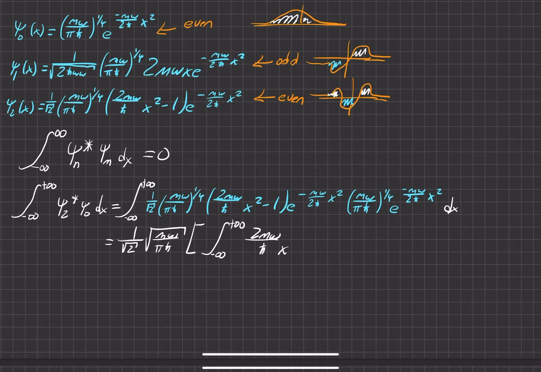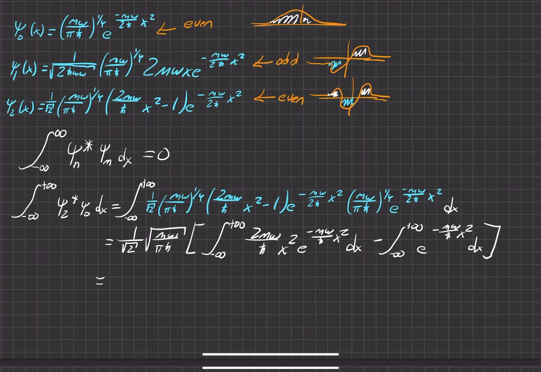We have x squared times the exponential of minus m omega over h bar x squared dx, minus a pretty simple exponential, m omega over h bar x squared dx, end bracket.